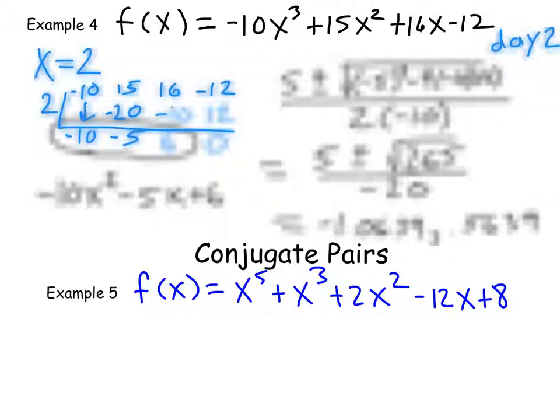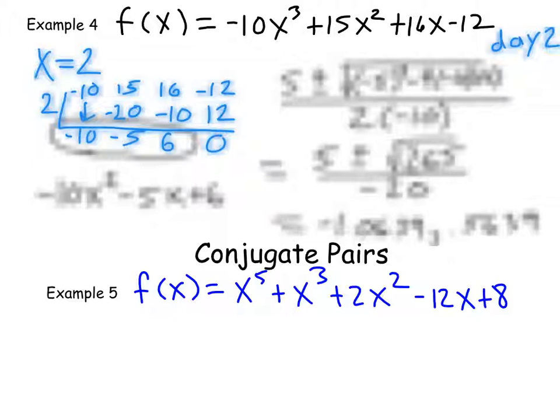Here we get negative 10, positive 6, 2 times 6 is 12, and there we go. So we have one of them. Again, we go to the table, we'd see 2, we verify it with synthetic division, 1 down, 2 to go.